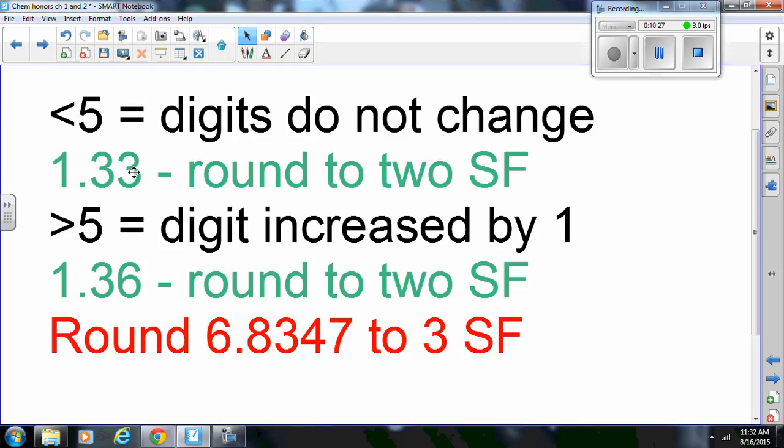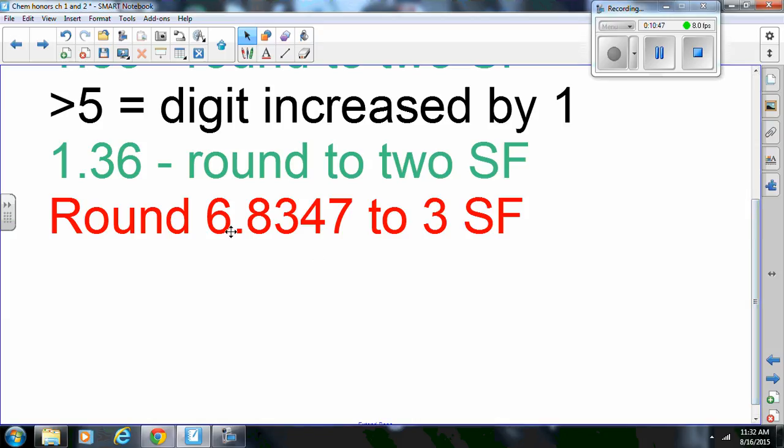This 3 is less than 5, so you just leave it alone. It becomes 1.3. If it's over 5, you will increase the number by 1. So if you have 1.36 and you're trying to round it to 2 significant figures, this becomes 1.4 because the 6 rounds it up.